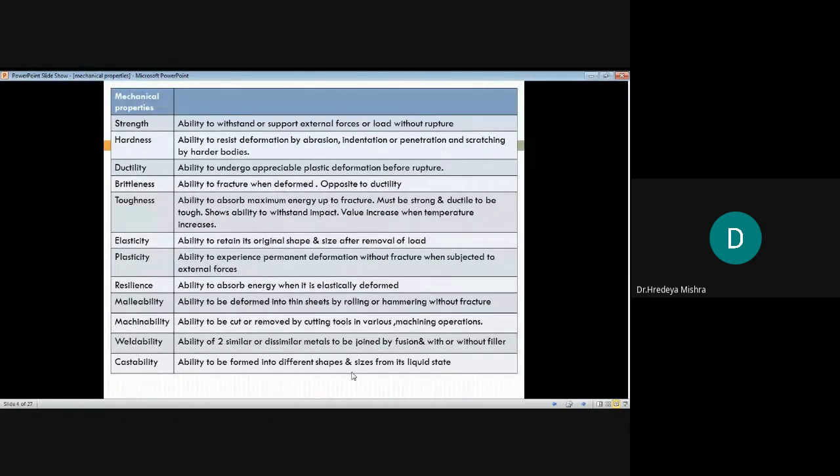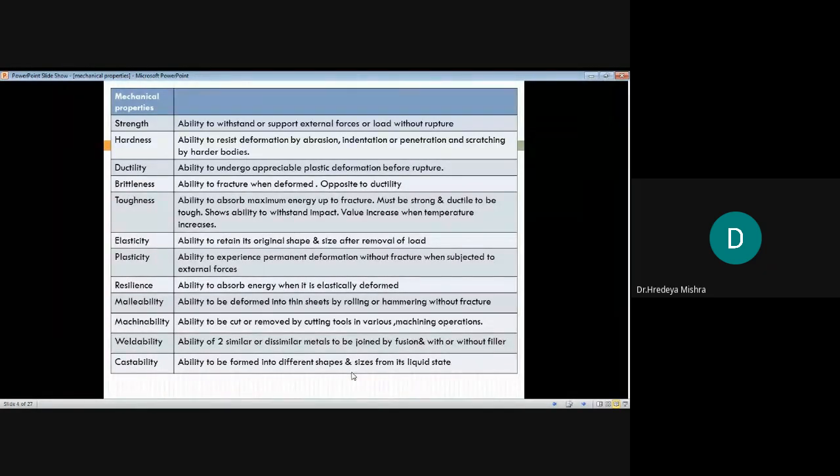What is the bending force? It is the force which acts on a body and tends to bend the component. That is our bending force.